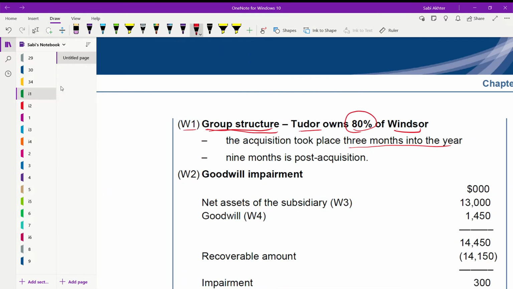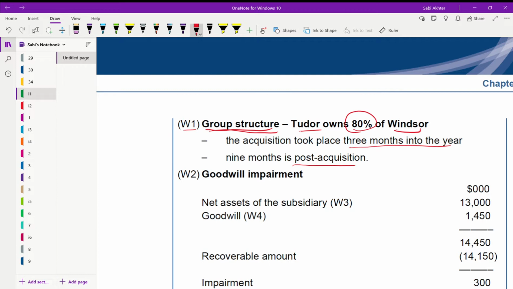So 9 months is post acquisition, and before acquisition it was 3 months. For 3 months he was not a subsidiary, so you cannot consolidate for those 3 months. You can only consolidate for the 9 months. You have to apportion this 9 months for all the items in your statement of profit and loss, whether it is sales, income or expense.